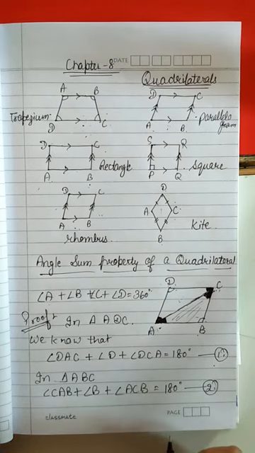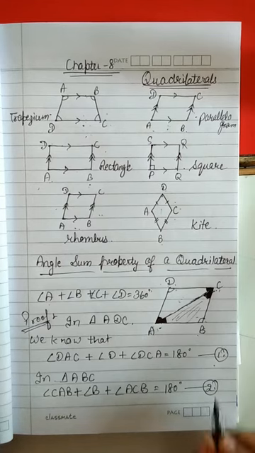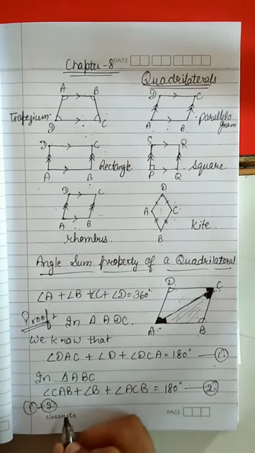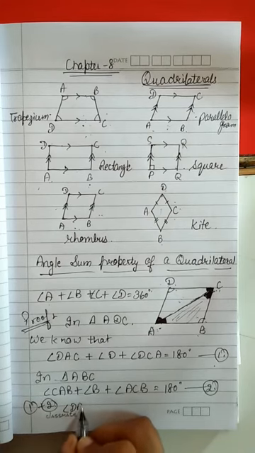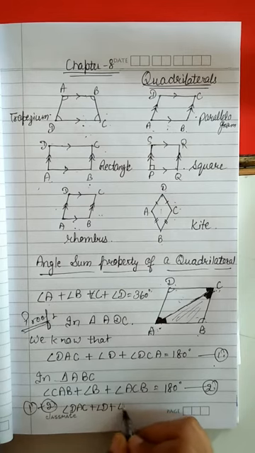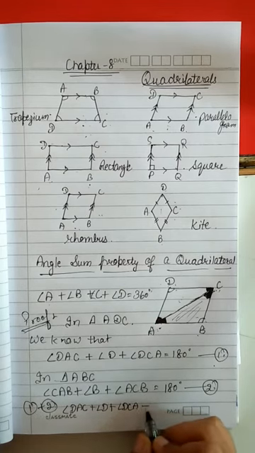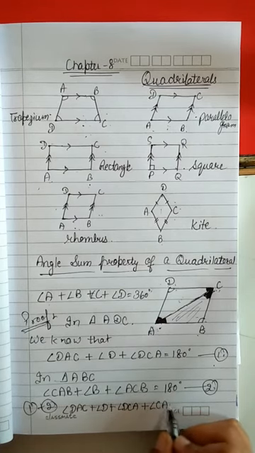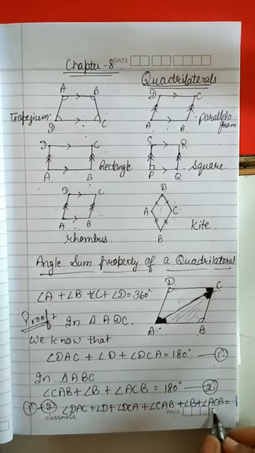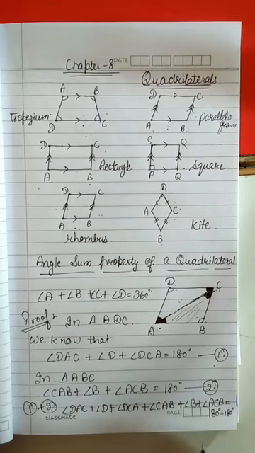Now we add both the equations, 1 plus 2. What we get: angle DAC plus angle D plus angle DCA plus angle CAB plus angle B plus angle ACB is equal to 180 plus 180°.